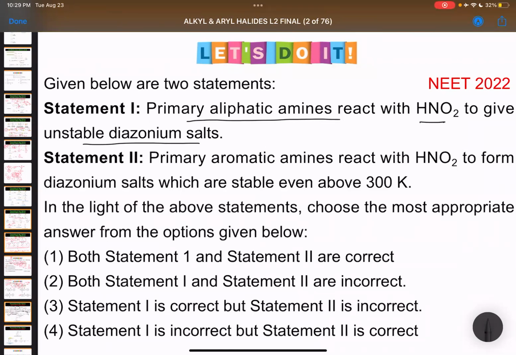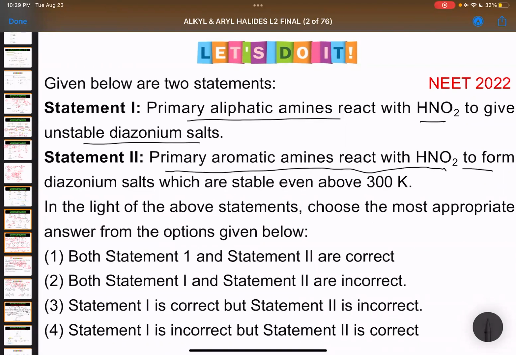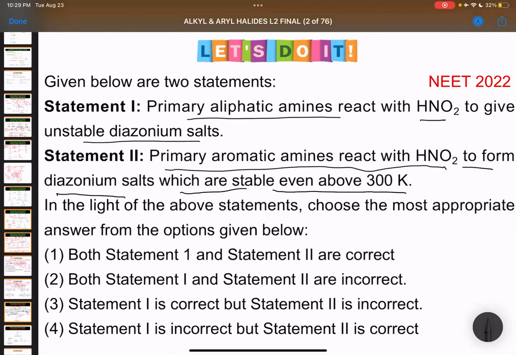The next statement reads, the primary aromatic amine reacts with NaNO2 plus HCl or HNO2 to form a diazonium salt, which is stable even at 300 Kelvin. So what's going to be the final answer?